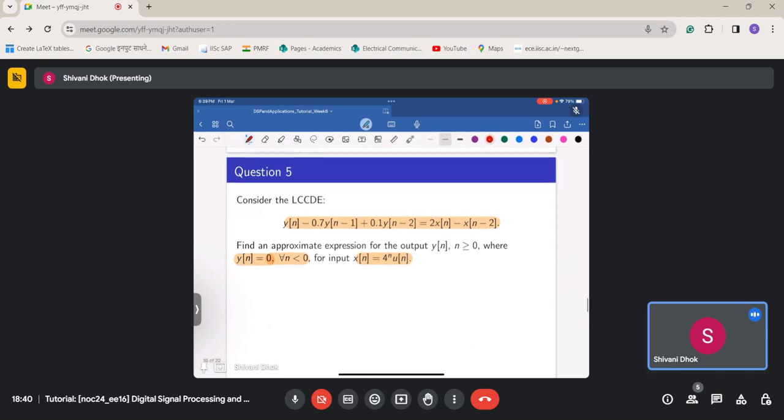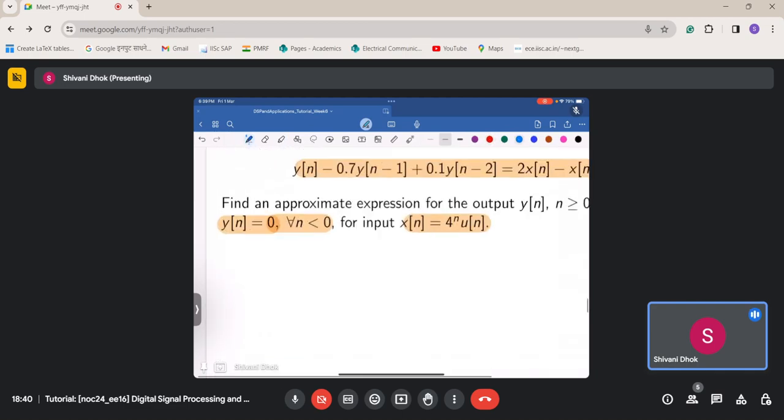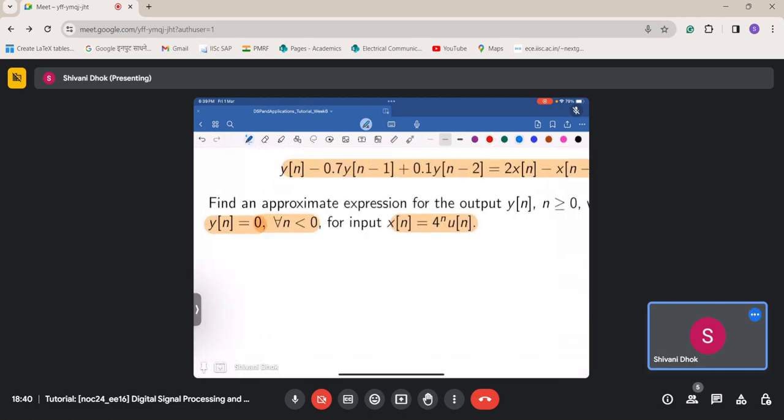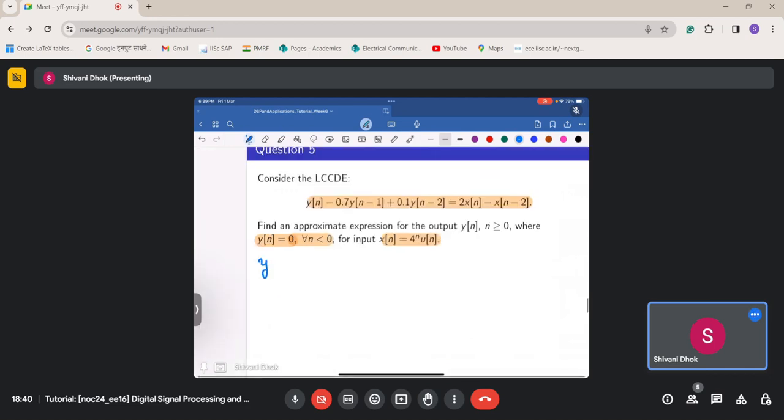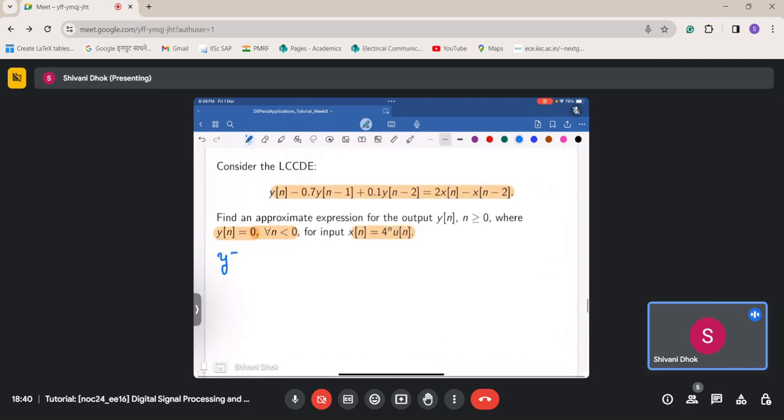Okay, so what all things are given to us? We have my linear constant coefficient difference equation, that is y of n minus 0.7 y of n minus 1 plus 0.1 y of n minus 2, which is equal to 2 times x of n minus x of n minus 2.